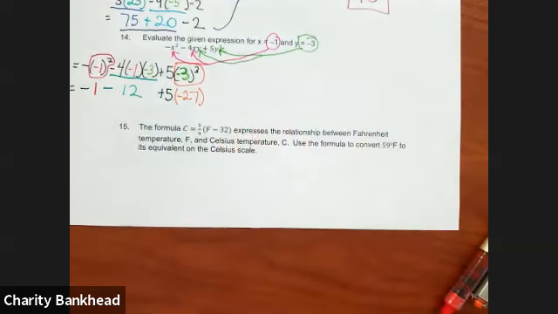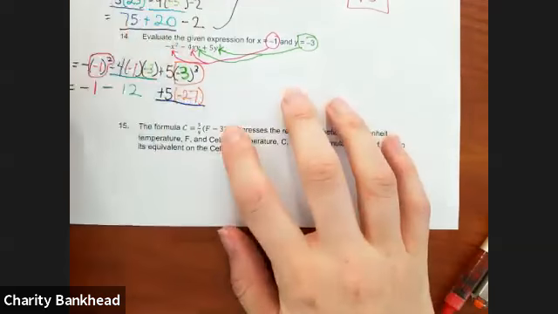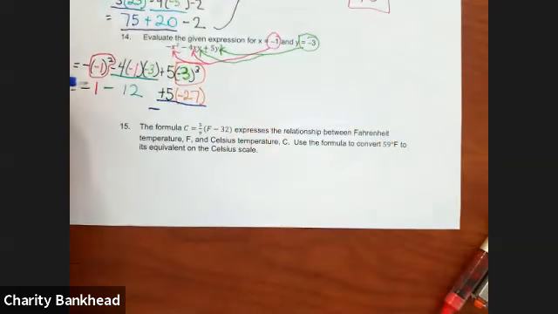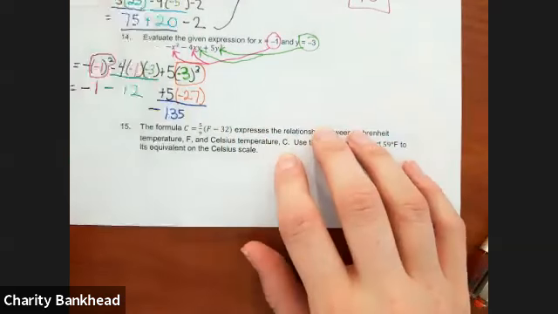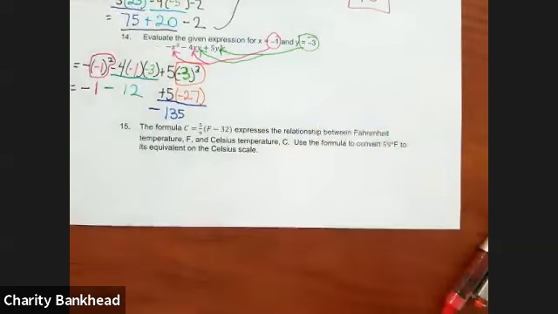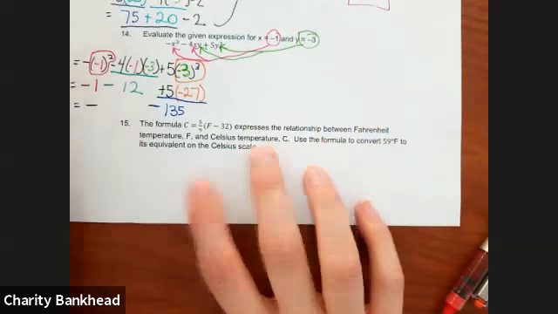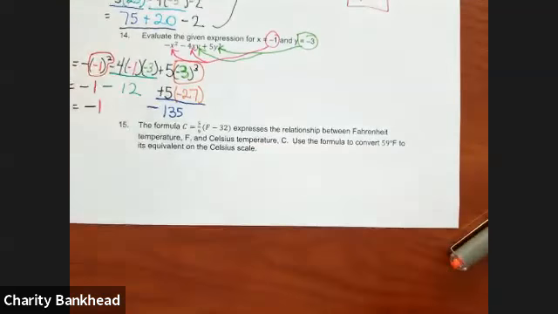So the next thing I need to do is multiply 5 times -27. So I know that's going to be a negative. And I know that 5 times 20 is 100 and 5 times 7 is 35. So this should be 135. So I have -1 minus 12 minus 135.